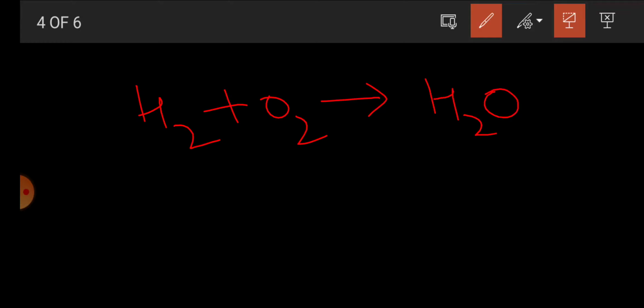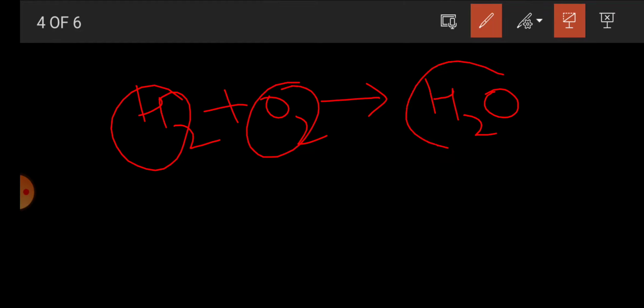I did not balance it here, because I just want to show you that there is one element, hydrogen, and another element, oxygen, giving one compound. For the formation of H2O, we need hydrogen and oxygen in a proportion. So first of all, we must know the mass of the oxygen and the mass of the hydrogen.